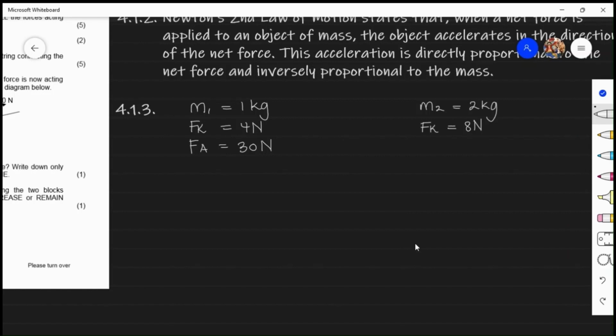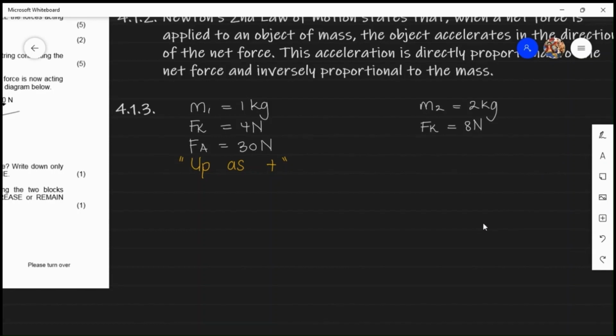I'm going to take up the incline as positive and down the incline as negative. So whatever forces are going up the incline, I'm going to assume them to be positive, and whatever forces are going down the incline, I'm going to assume that to be negative.